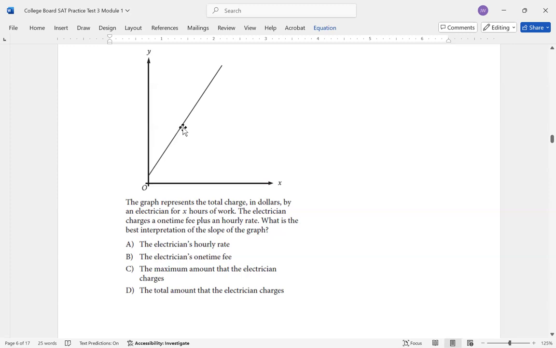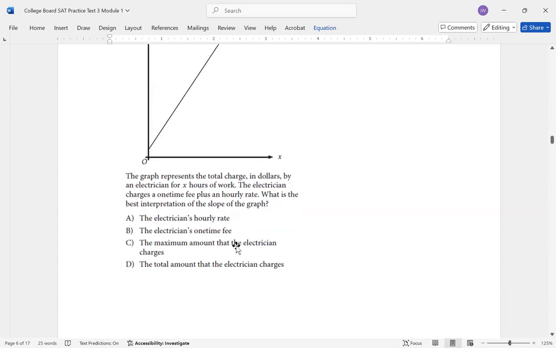So the best way to interpret the slope of this line is that it is A, the electrician's hourly rate. Each time we increase by an hour, we go up by a certain amount. That's the hourly rate of pay of the electrician. And therefore, A, the electrician's hourly rate, is the correct answer to question number 9.